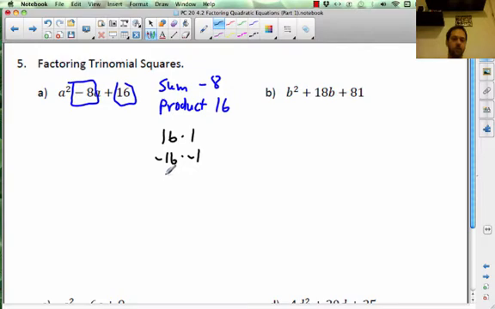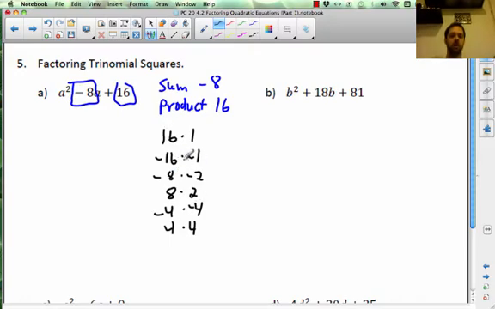What else? Negative 8 times negative 2, or positive 8 times positive 2, negative 4 times negative 4, positive 4 times positive 4. These are the only possible factors of 16.